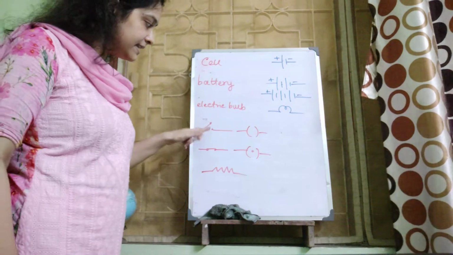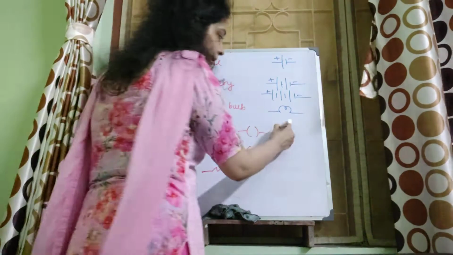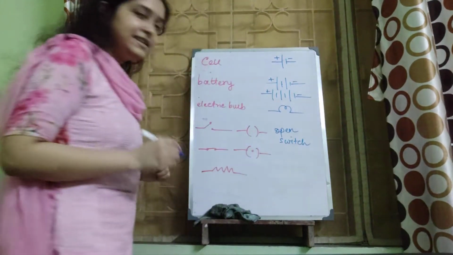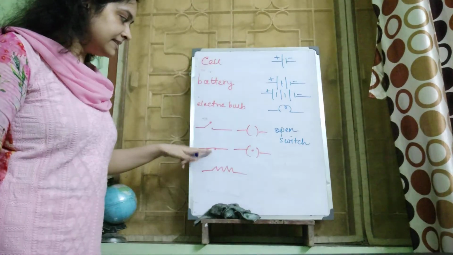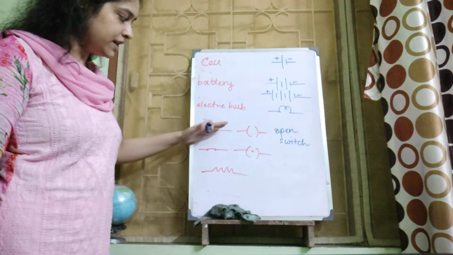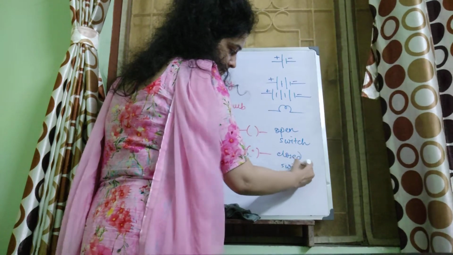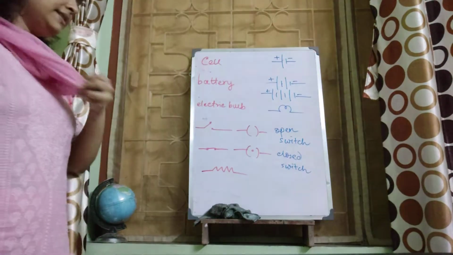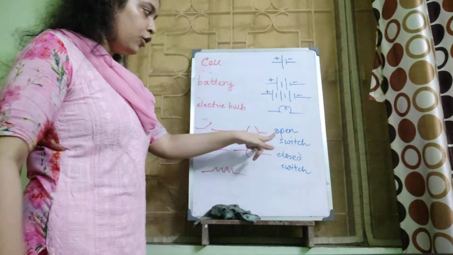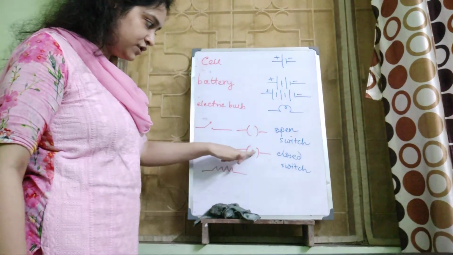So these are the representation of the cases when the switch is open. Open switch. I'll just show you how. This is when we close the switch. When the switch is on or when we close the switch. What is the purpose? We'll see it. Okay? Open switch, this is the representation. Keep in mind. Closed switch.